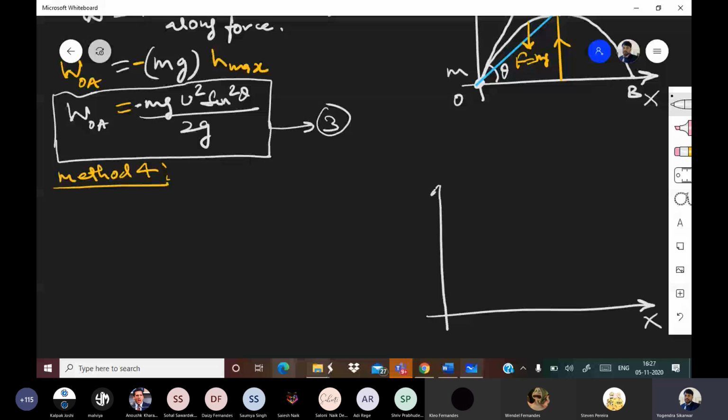This is x-axis, this is y-axis, and this is theta, this is u, this is A, this is O, this is B. So the method says work done is equal to displacement into component of force along displacement.